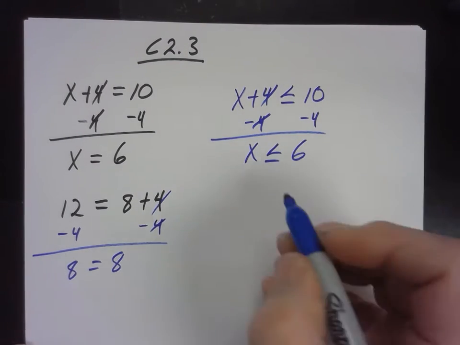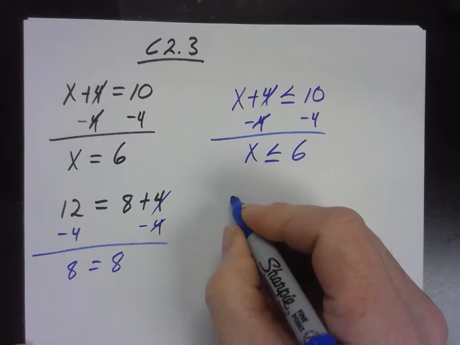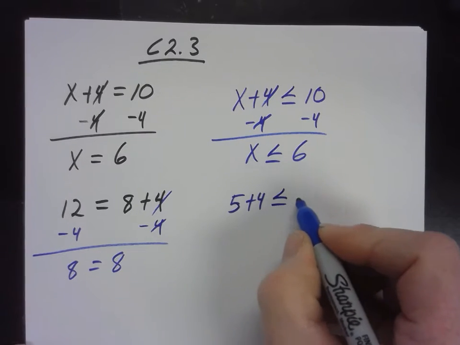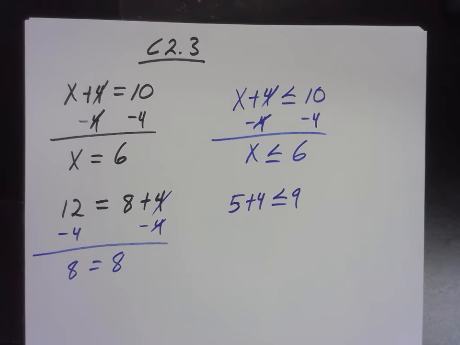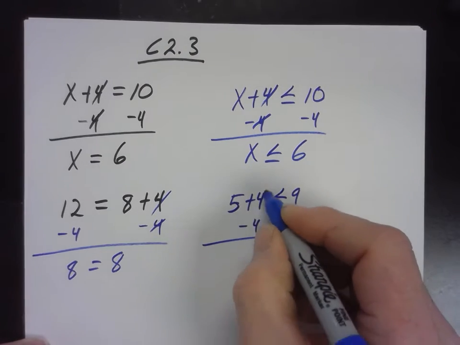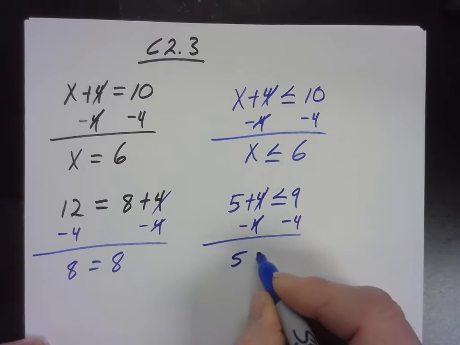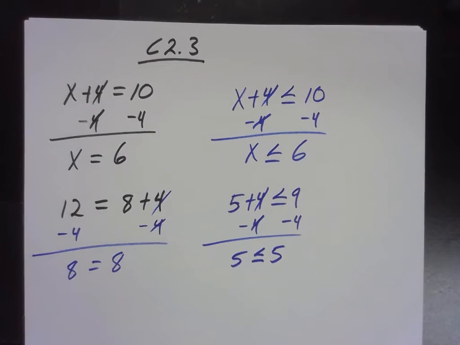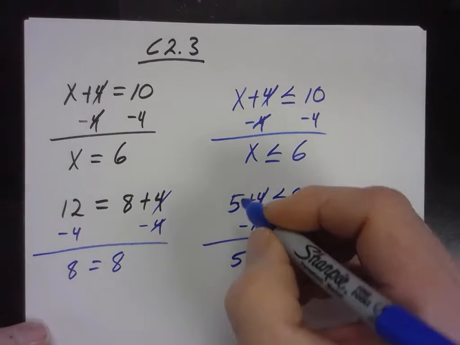Let me show you this again. 5 plus 4 is less than or equal to 10. You guys agree? Is that true? Yeah. Okay. If I subtract 4 from both sides of the inequality, still true. What if this were a 3?